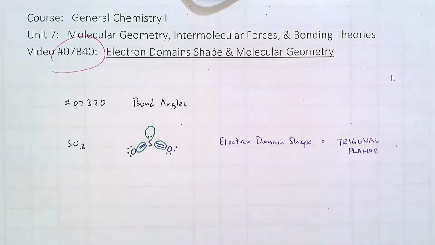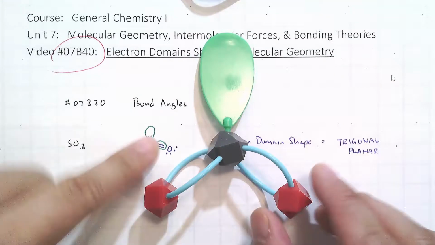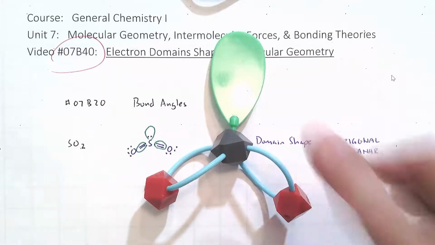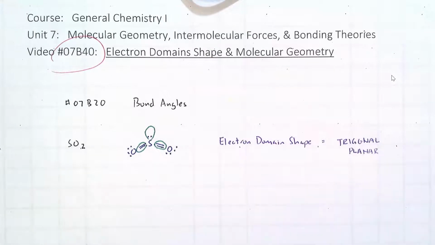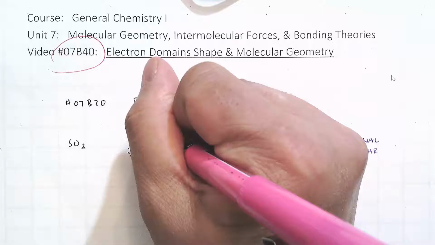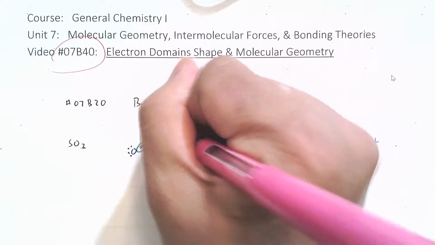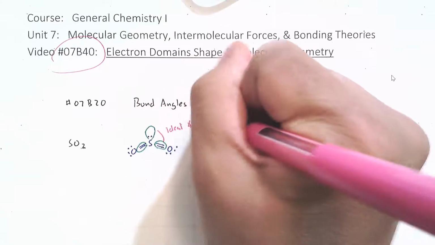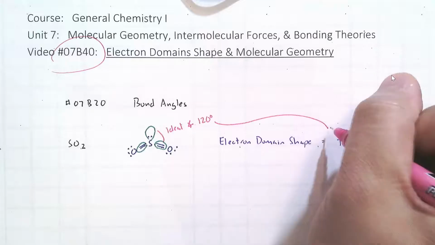And I have a model of it right here, okay? Even with the double bonds to the oxygen, which is in red. To separate those balloons as far apart from each other, that bond angle is approximately 120 degrees. So the ideal angle is 120 degrees, but that comes from the idea that this is trigonal planar.